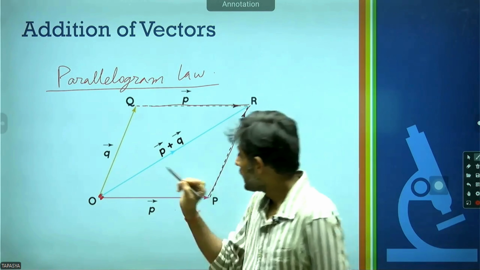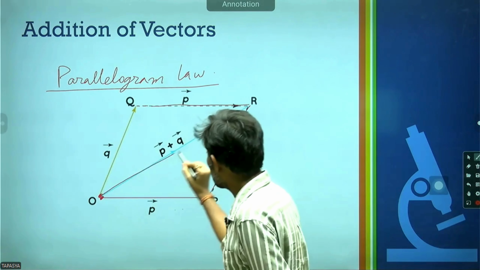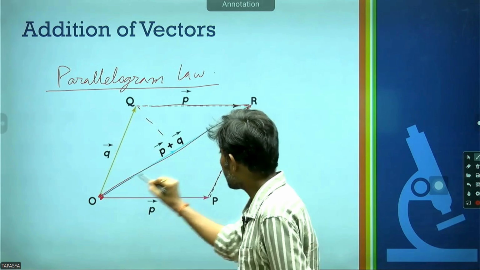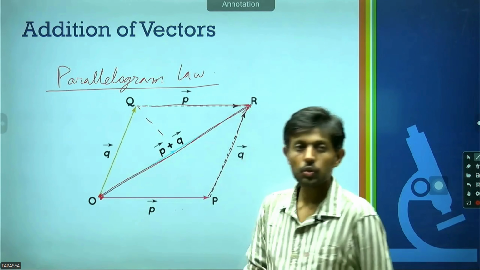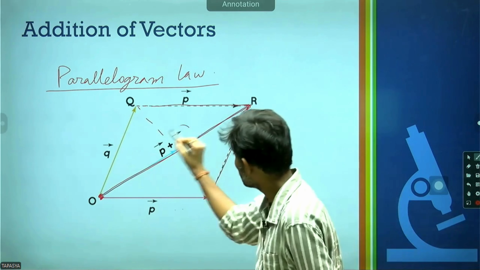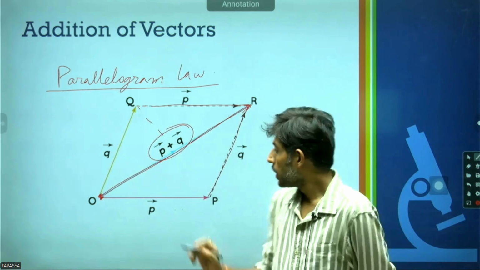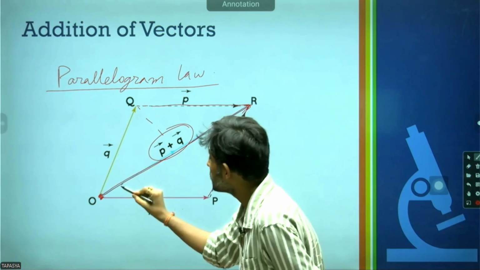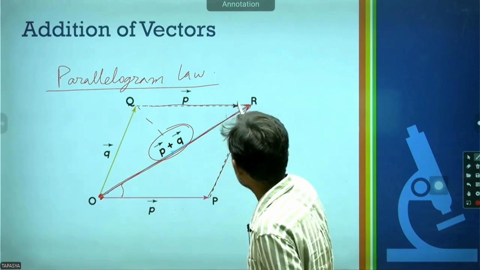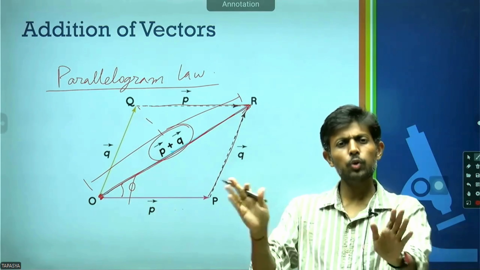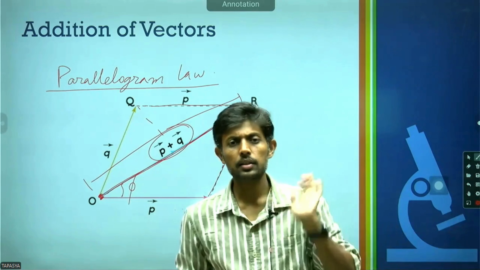After that, the leading diagonal of this parallelogram, not this diagonal, but the leading diagonal, gives you P plus Q, vector P plus vector Q. Again, what is the magnitude of this? How long is this? Or what is this angle? We'll do that later when we study vectors in detail.